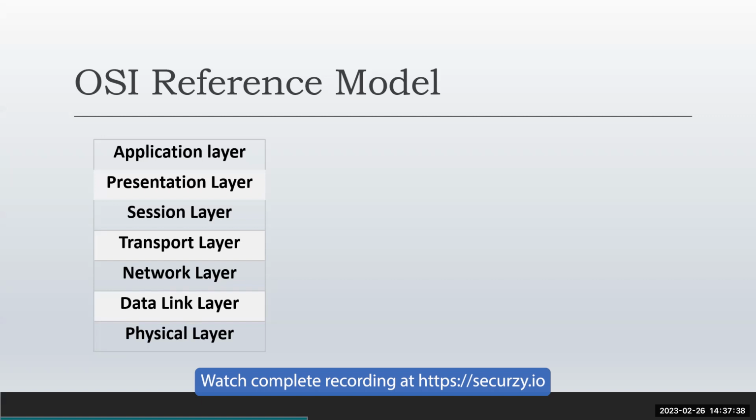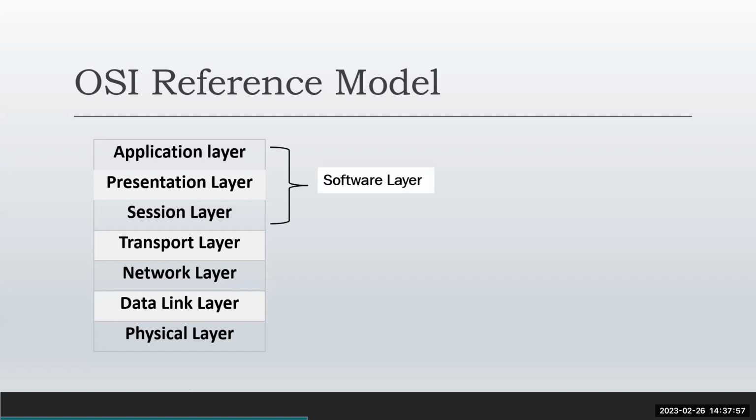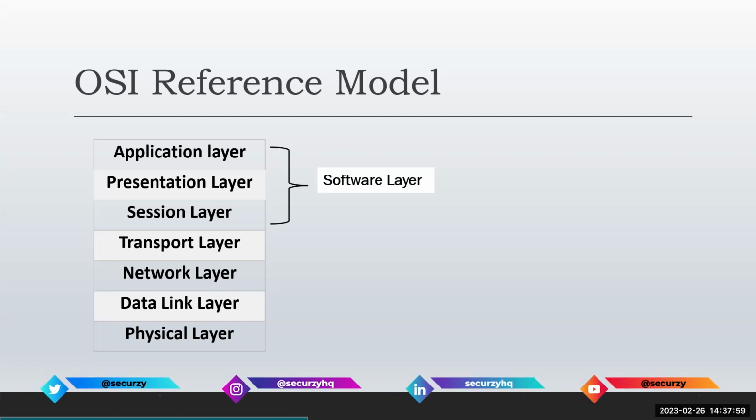And if I talk about interview experience, most interviewers usually ask about the OSI model layers with the intention that you might say some layer wrong, or in the wrong order, and they'll catch that, right? The first 3 layers are software layers.